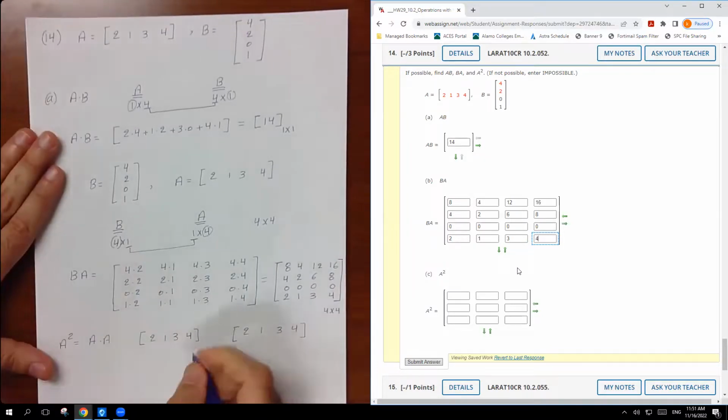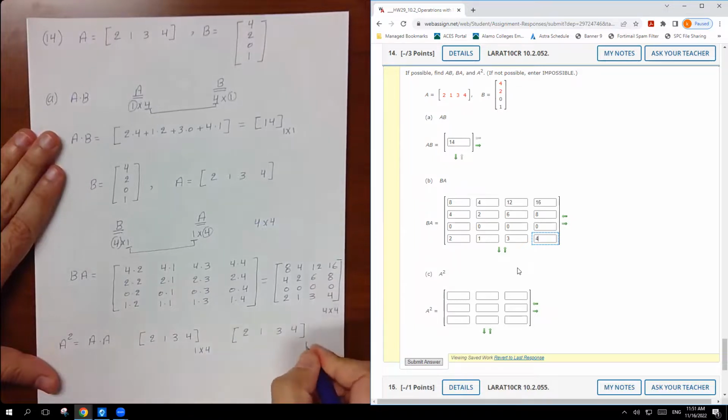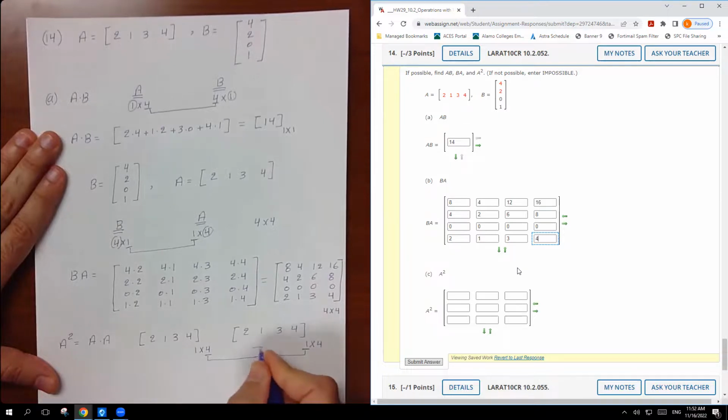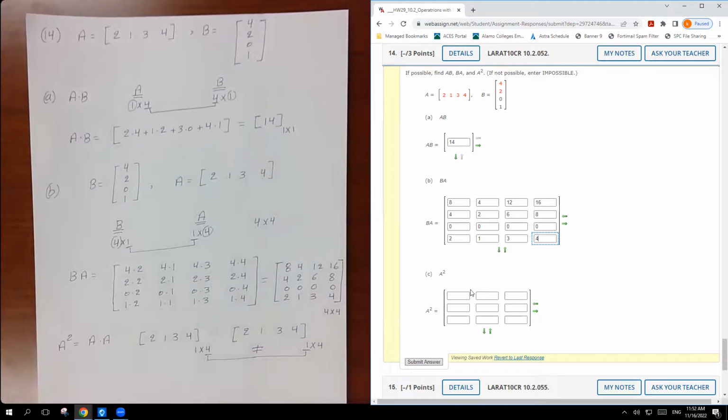The dimension for this one is 1 row and 4 columns. The dimension for this one, 1 row and 4 columns. If you check these two numbers, they are not the same. So we can't do the multiplication. So that means this is impossible for the set. The last one, you just have to type impossible.